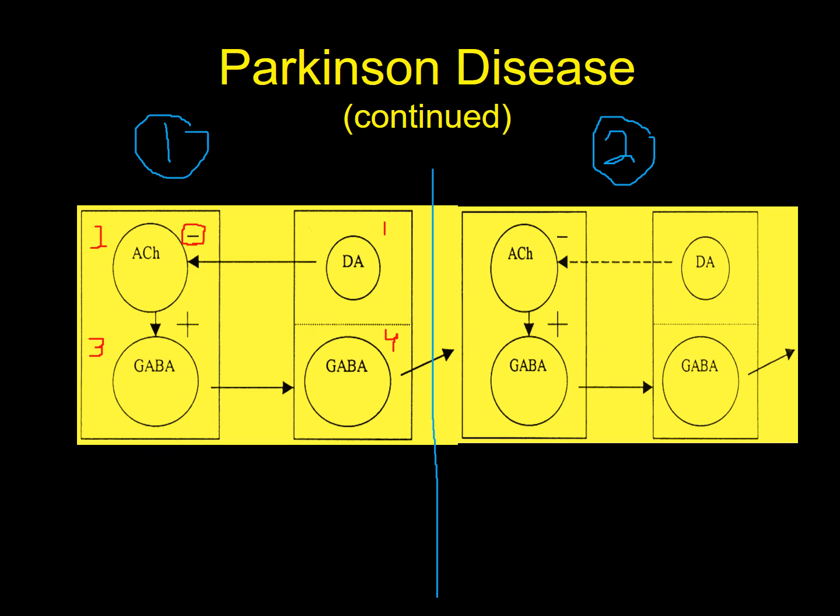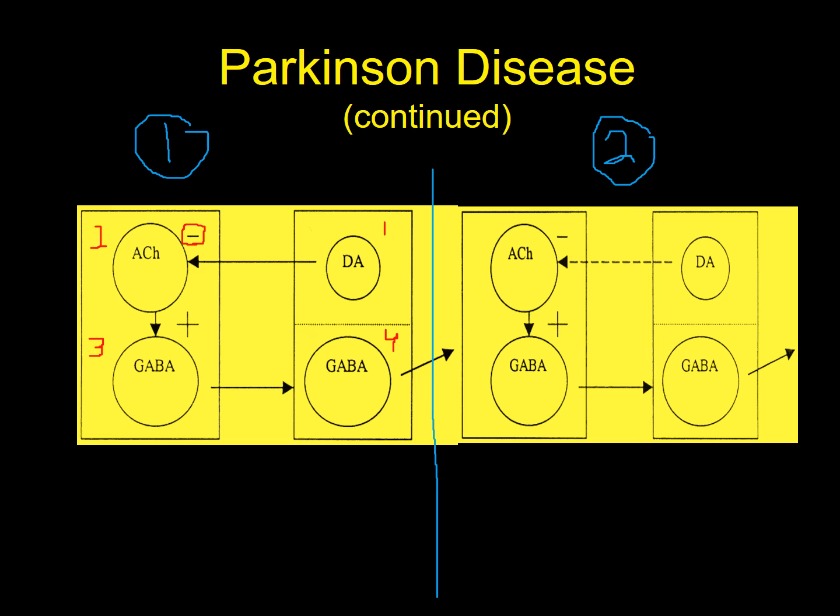And number 4 fires off out of this functional area of the brain to affect motor function in the rest of the body. So taking it from the top here, in the normal patient, which is number 1, we've got a relationship among 4 neurons. A dopamine neuron, an acetylcholine neuron, a GABA neuron, and a GABA neuron. Remember that dopamine and GABA are inhibitory, acetylcholine is excitatory.